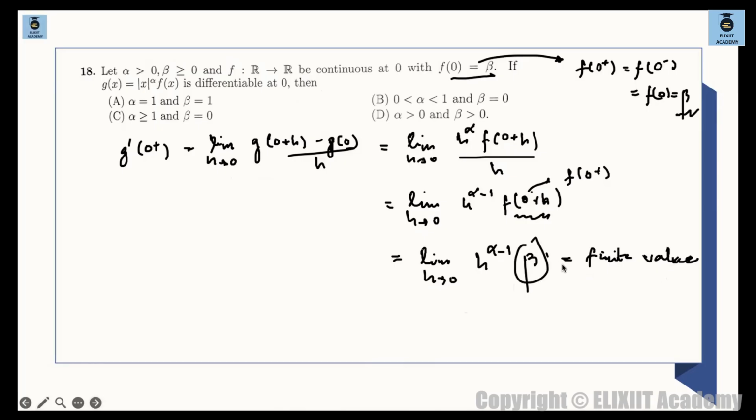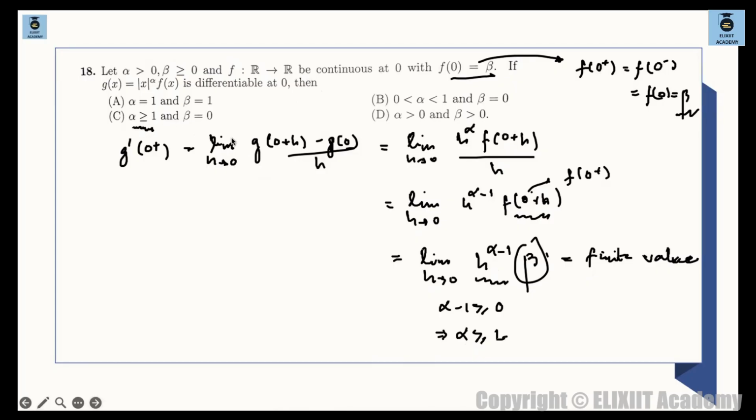Now this beta is a constant, so it will not matter; whatever is dependent will be dependent on the power of h. For this to be finite, alpha minus 1 definitely has to be non-negative, because if it becomes negative it becomes 1 by something, and 1 by something as h tends to 0 will be undefined. So alpha minus 1 can be 0 or positive, which means alpha must be greater than or equal to 1. And from here you can say option C is correct, where alpha is greater than or equal to 1.